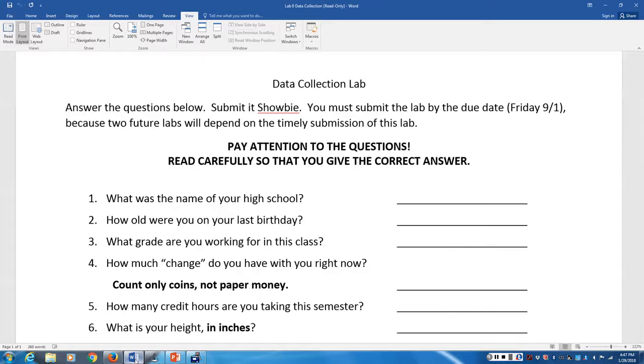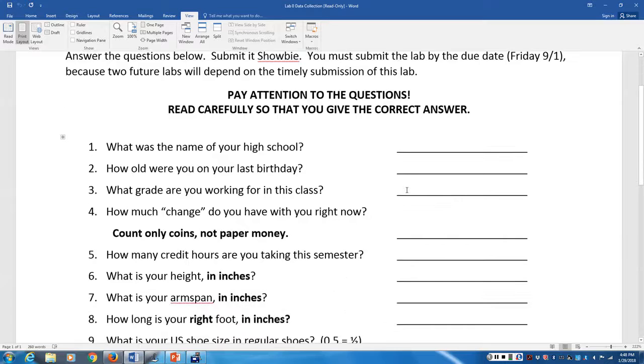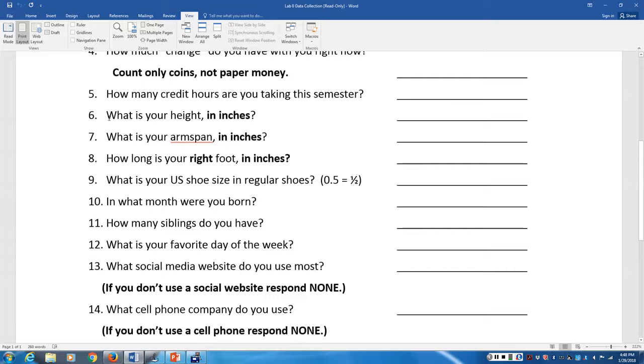The answers you need to do before you leave class, because I doubt that any of you are running around with tape measures, but I am. You can answer the rest of these from home, but when you come down to number 6, number 7, and number 8, you can do number 8 by yourself.